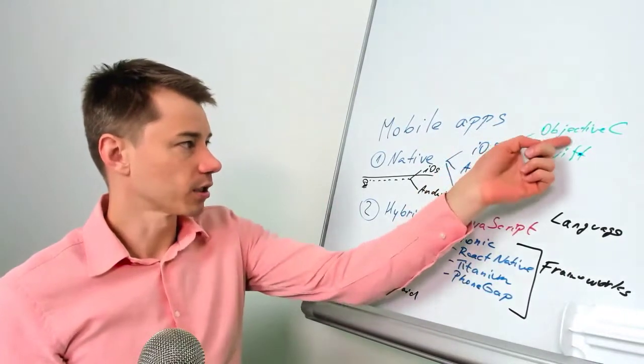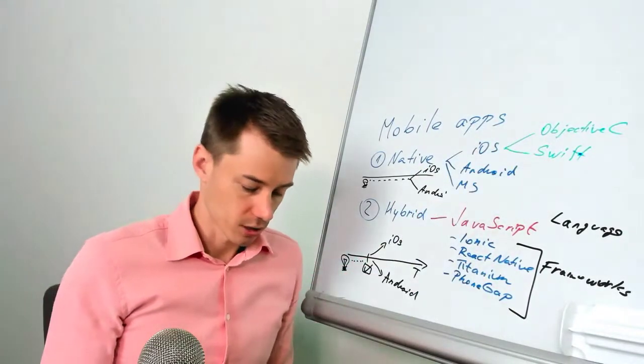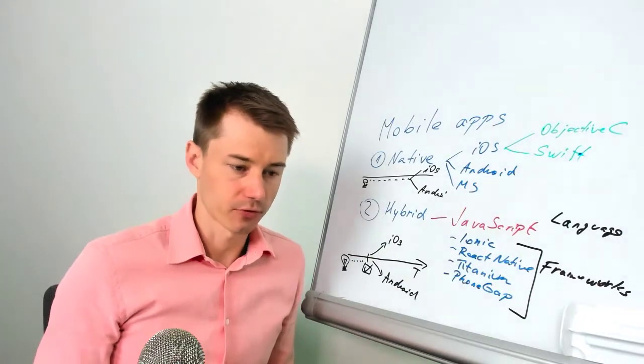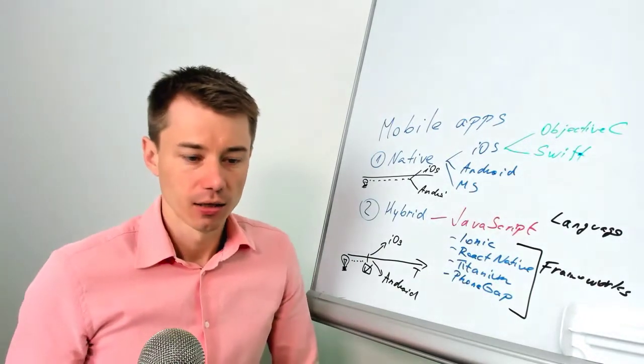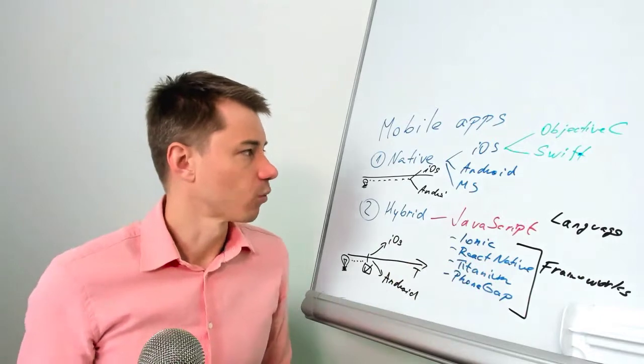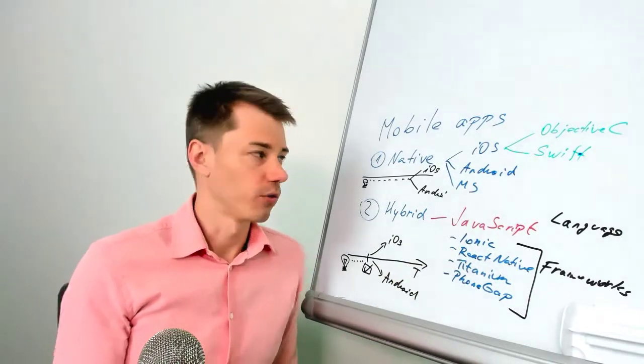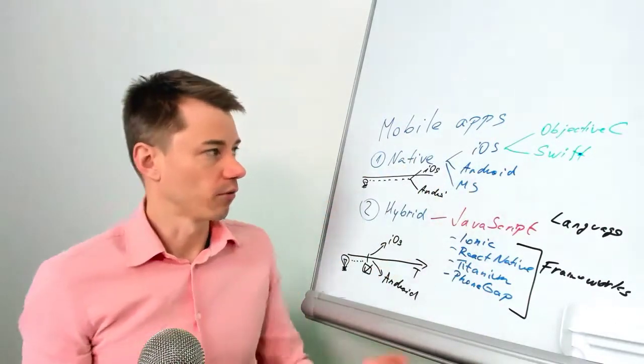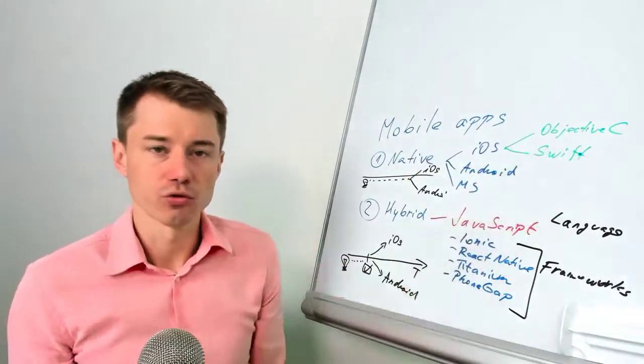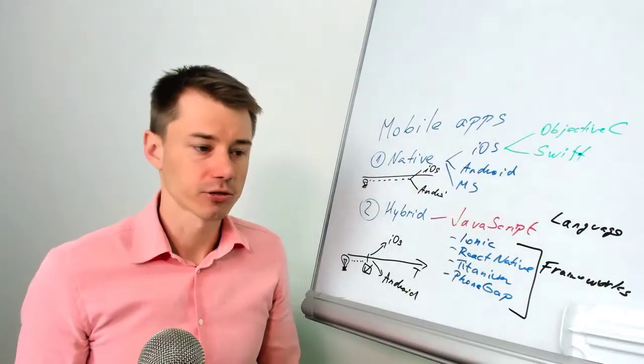Historically, Objective-C was dominant for, I don't know, 10 years or so, since the first iPhone was released with the iOS operating system. All the apps were built using the Objective-C programming language.